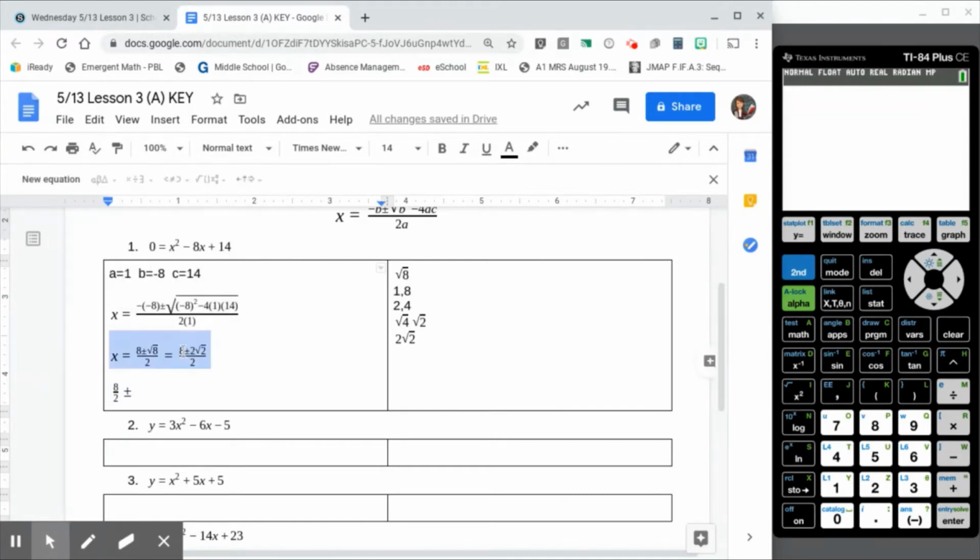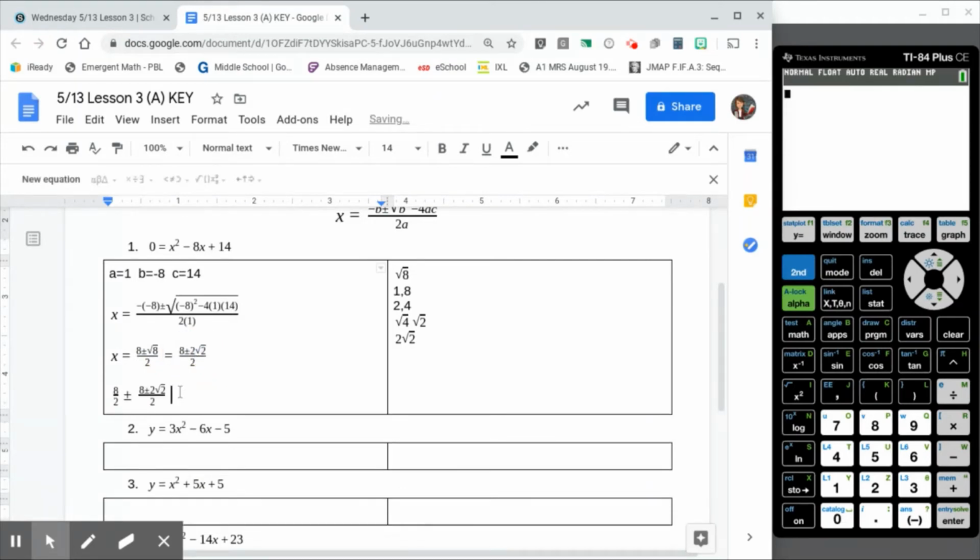I'm going to copy this piece. Do you see how this piece right here is equivalent to this piece? We prefer to write it like this, but when we're simplifying, I want you to clearly be able to see what each piece looks like.